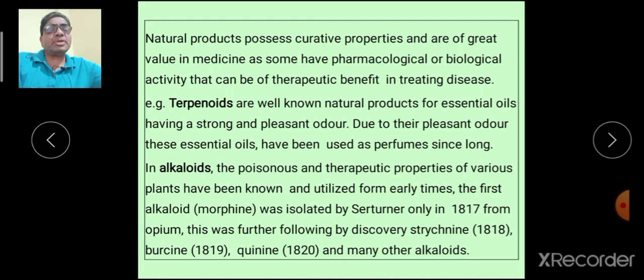Another natural product is alkaloids. The poisonous and therapeutic properties of various plants have been known, and these properties were utilized from early times.